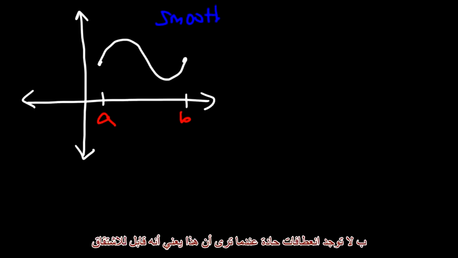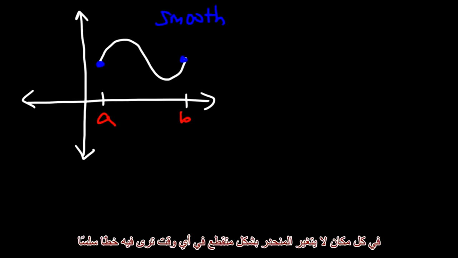But let's look at our first example. So we said this is a continuous function from A to B. There's no breaks in the graph. Now, notice that the curve is smooth everywhere from A to B. There's no sharp turns. When you see that, that means that it's differentiable everywhere.